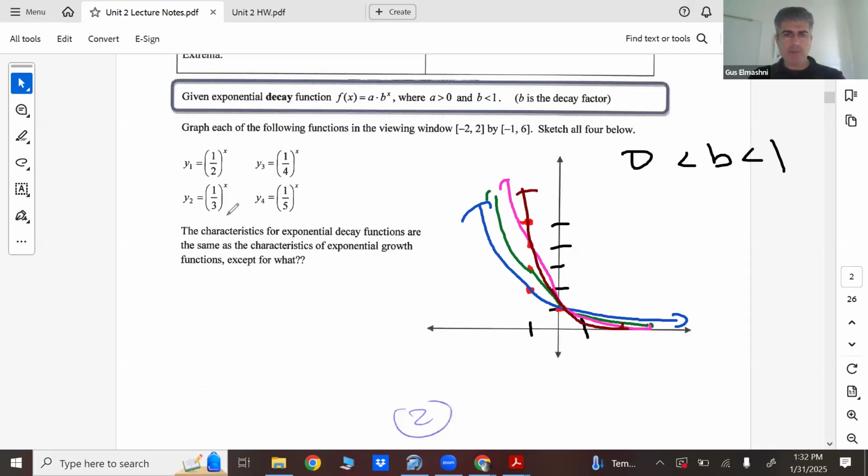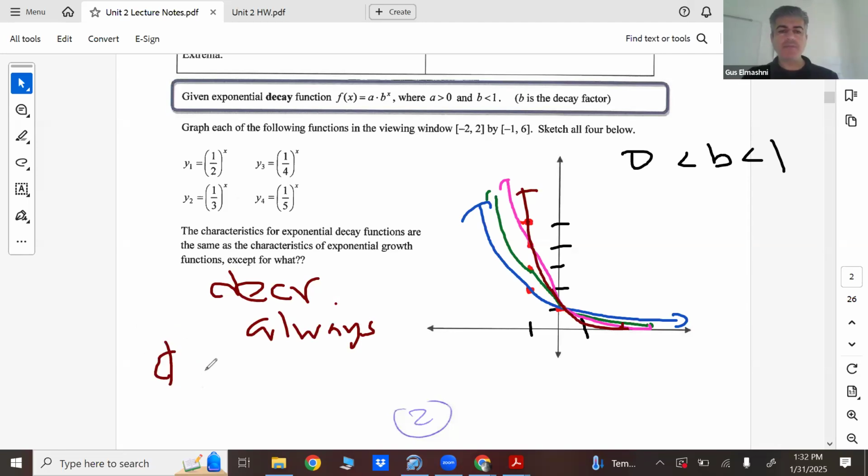The characteristics for exponential decay functions are the same as the characteristics of exponential growth functions, except for what? It's decreasing. Always. So we don't have to repeat that table again. It's still bounded below, no extrema. Yeah, you reverse.